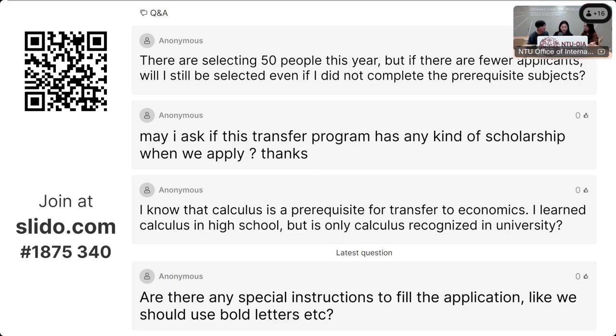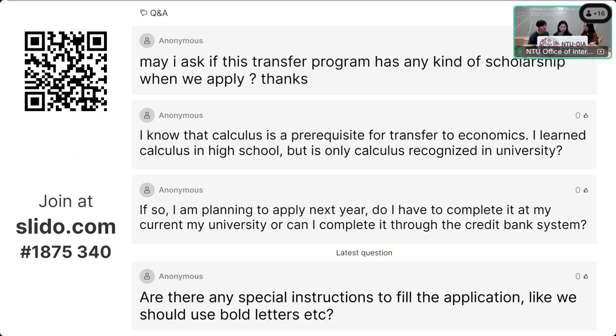Next one. May I ask if this sophomore entry program has any kind of scholarship when we apply? For this one, there's no entry scholarship for sophomore entry students, but you can apply for the scholarship for current students after you are admitted.